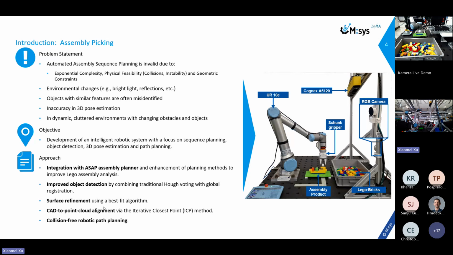Then it will do surface refinement, using best fit to achieve very high accuracy, 1 to 2 millimeter pose estimation. And then CAD helps to make the 3D pose estimation more accurate. And finally, doing the collision-free robotic path planning to finish the assembly.